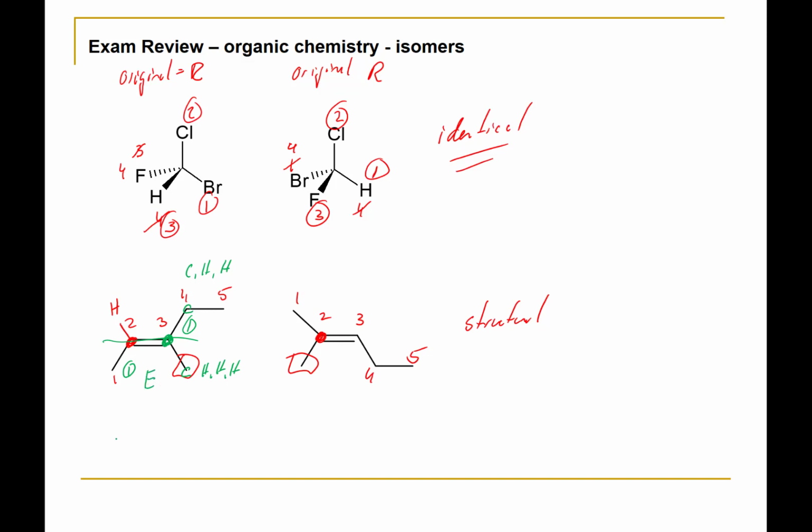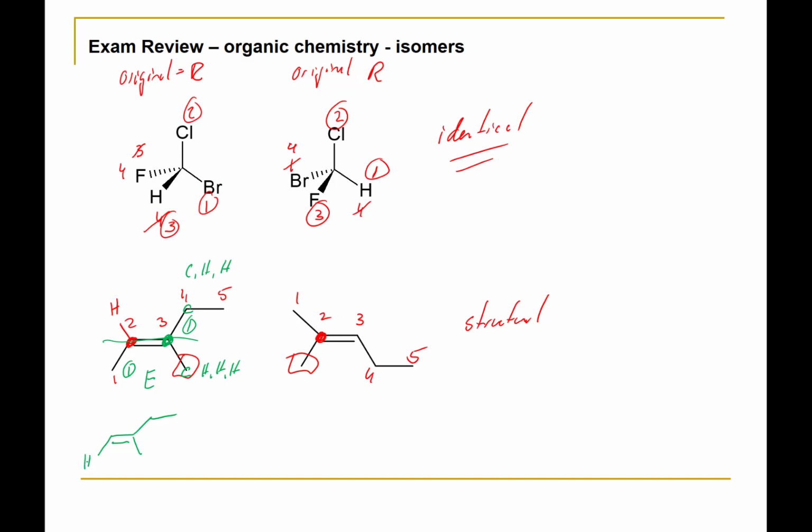I can write the Z structure, and the idea is that you switch either the 2 groups that are on carbon number 2 or the 2 groups that are on carbon number 3. So for instance, if I go like this, and I have my double bond here, and then put this carbon down here, you say, well, how can I switch the 2 groups?